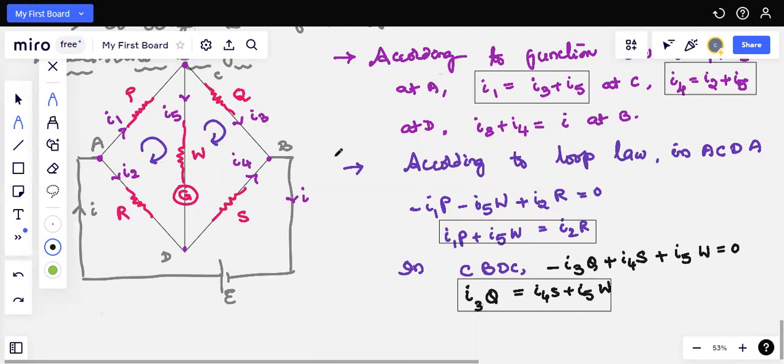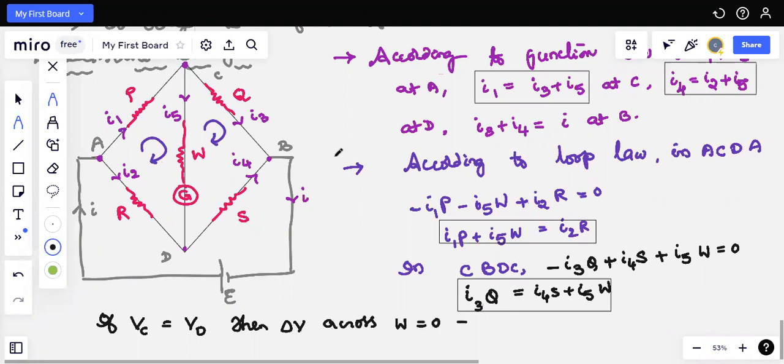If the potential at C is equal to potential at D, then delta V across the resistor W is equal to 0.